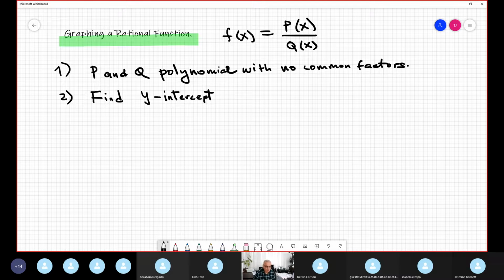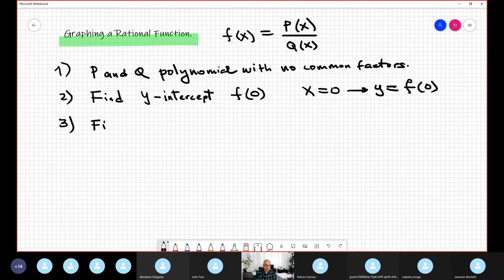But in this case, what is the formula? The formula is evaluation at 0. So you enforce x equals 0, and you find the y that corresponds with this. Using function notation, it's easy to memorize this. Number 3 is find the x-intercept.